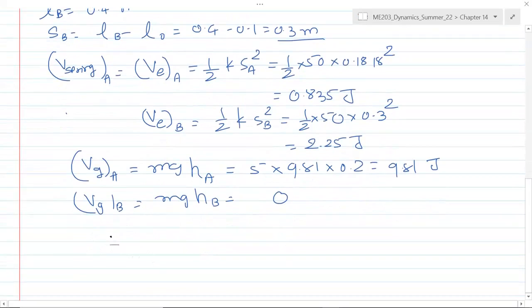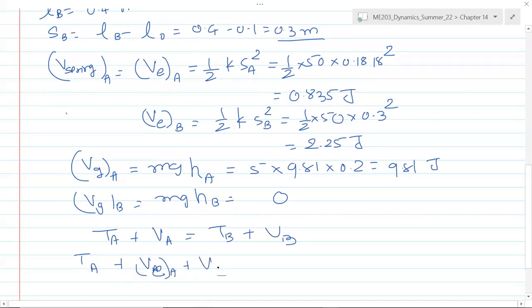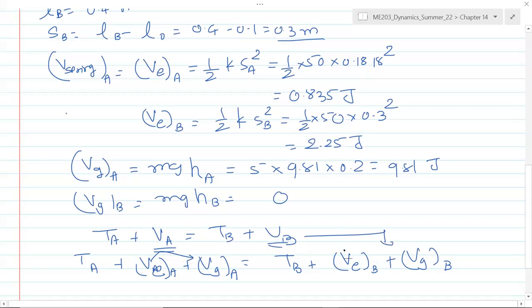So now it's time to apply the final equation: TA plus VA between A and B is equal to TB plus VB. We can expand this conservation equation as potential energy at A plus gravitational energy at A equals TB plus potential energy at B plus gravitational energy at B. Remember that this is actually made up of two terms.